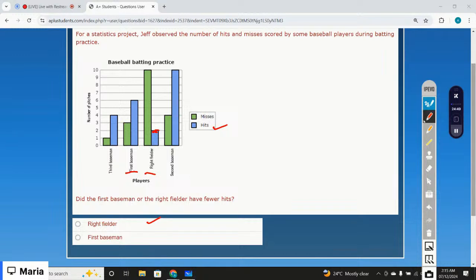The right fielder has fewer hits. Option number one is the correct option.